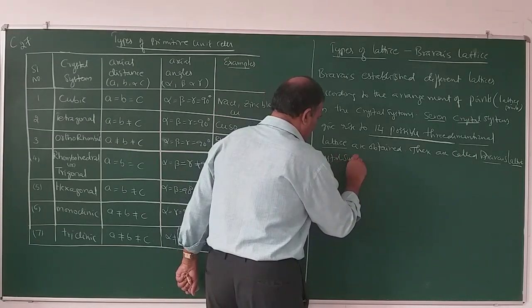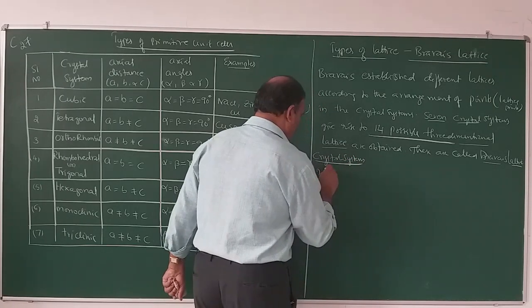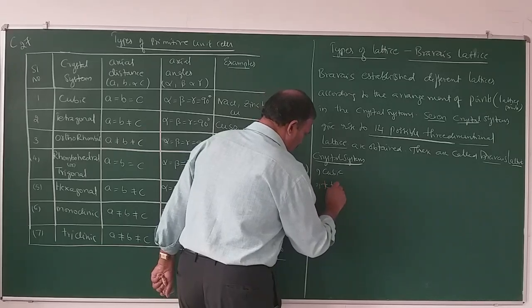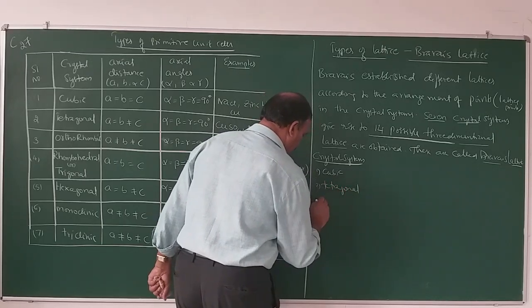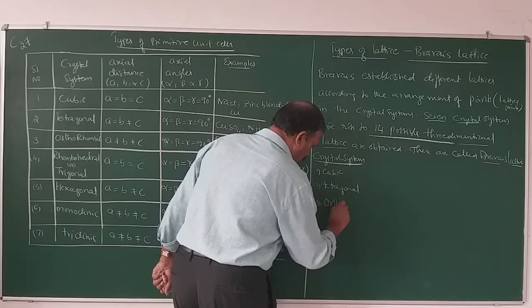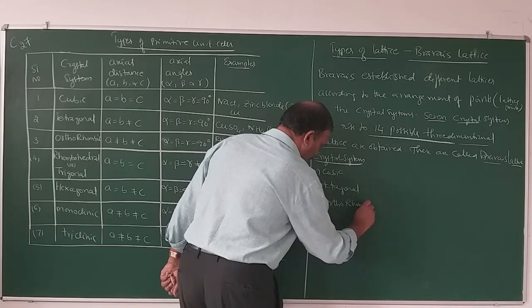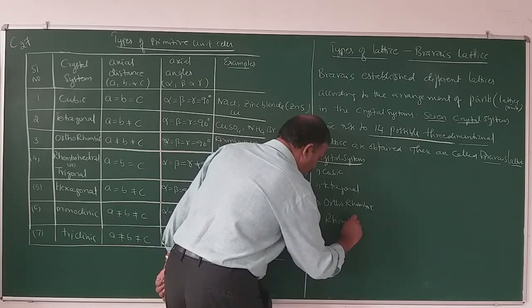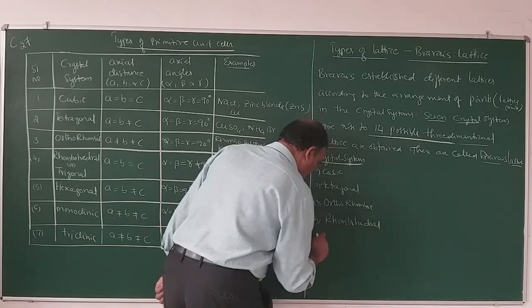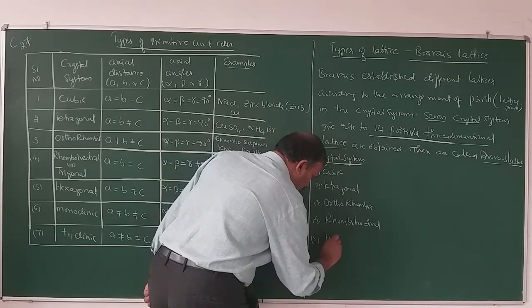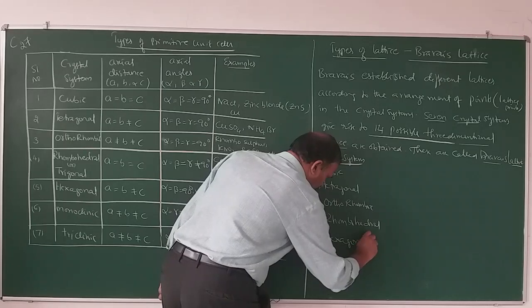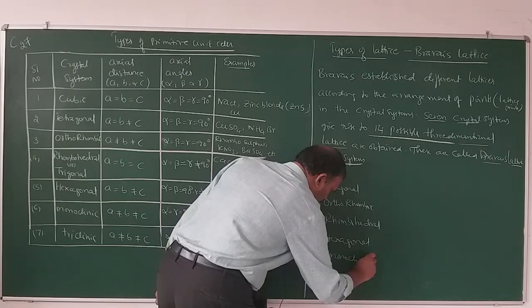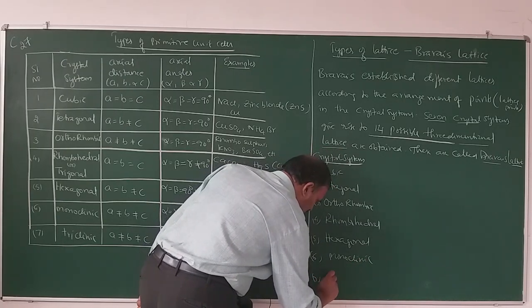Crystal system number 1 cubic, number 2 tetragonal, number 3 orthorhombic, number 4 rhombohedral, and number 5 hexagonal, and number 6 monoclinic, and number 7 triclinic.